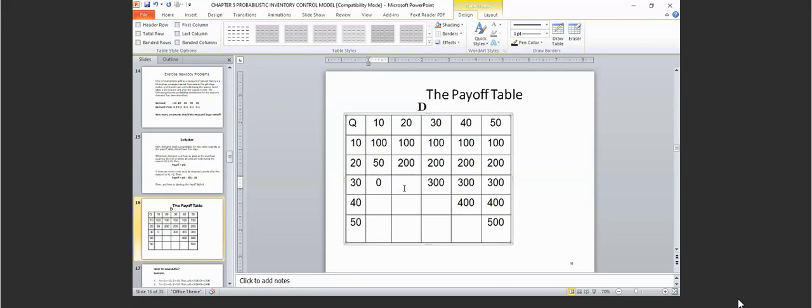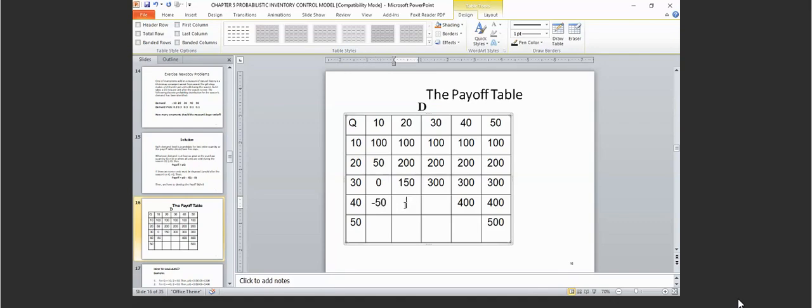Di sini kita berjaya jual sebanyak 20 unit, jadi 20 darab dengan 10, kita akan dapat 200. 200 tolak dengan loss kita sebanyak RM50, 10 unit tak dapat dijual. Jadi kita akan dapat di sini profit sebanyak 150. Dan di sini kita berjaya jual 10 unit, dapat 100, 30 unit tak dapat dijual, jadi 30 darab dengan RM5, kita akan dapat 150, jadi negatif 50.